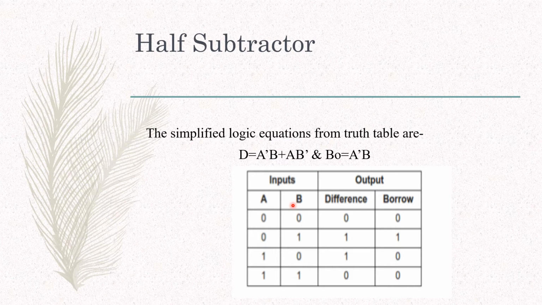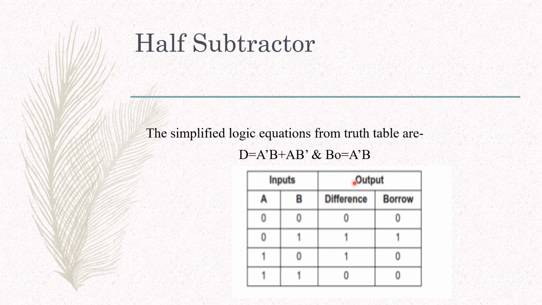This circuit has two inputs, A and B, the minuend and the subtrahend bit, and two outputs, that is the difference and the borrow bit. A practical use of this half subtractor is for the full subtractor in a digital system.